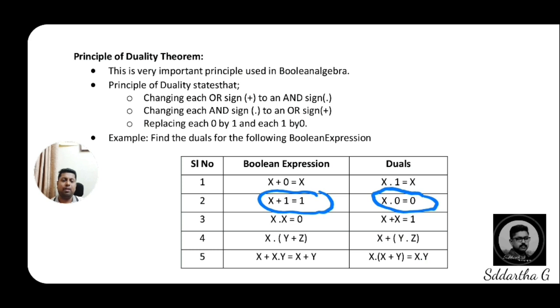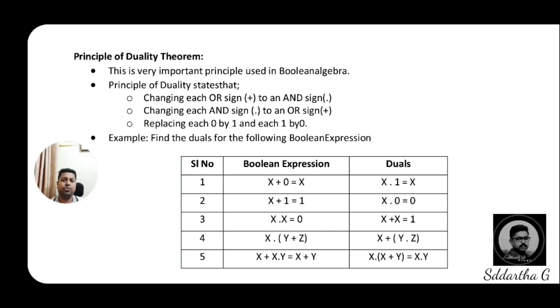Also, coming to the third Boolean expression, there are 2 variables. x into x̄ is equal to 0. They are given one binary value, that is x into x̄ is equal to 0. Now if I want to write its dual form, you just change the 2 operators: dot is converted into plus and 0 is converted into 1.